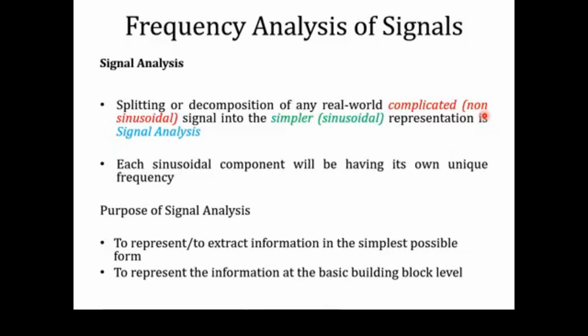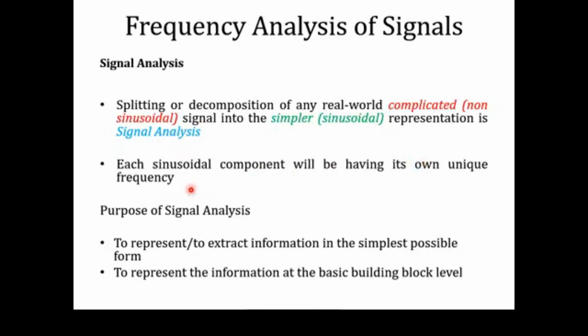So whatever the shape of a given non-sinusoidal signal, it will be treated as the complicated one because it can be simplified or it can be represented in the form of pure sinusoids. And each sinusoid will have its own unique frequency value.